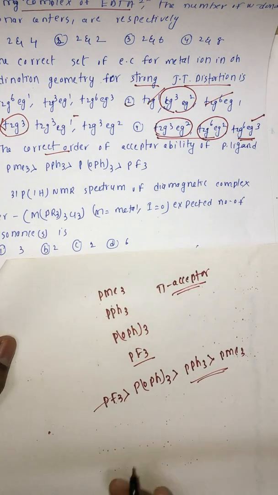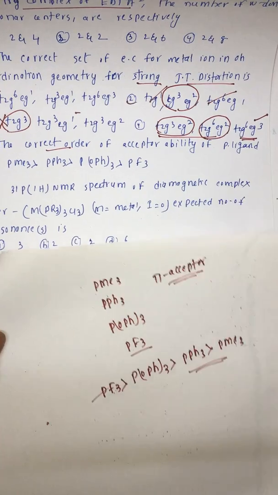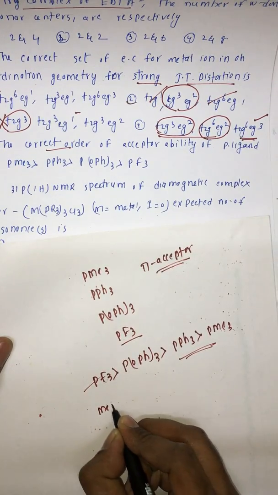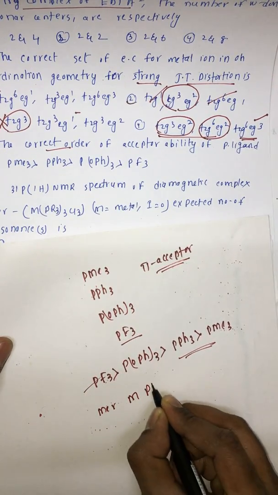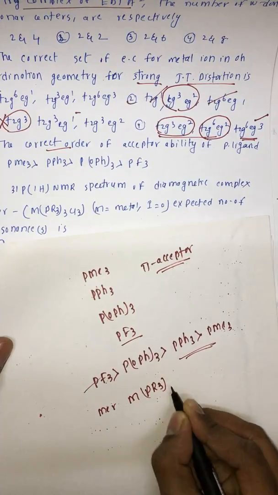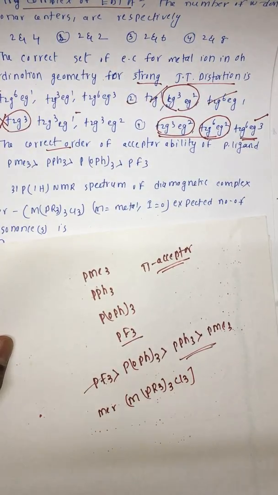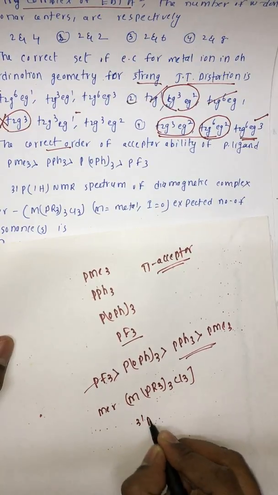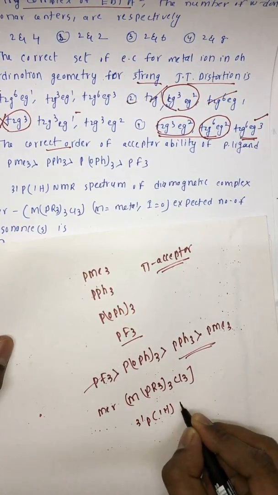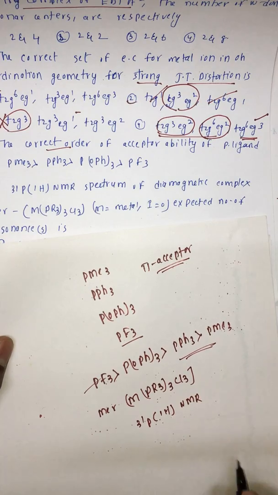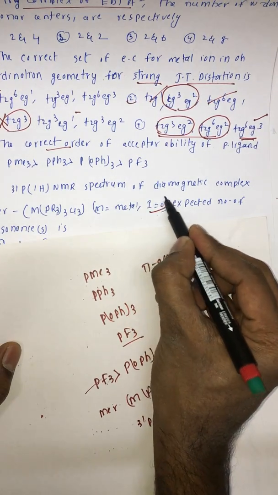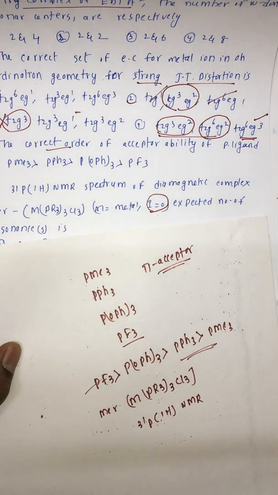Okay, so next we have a meridional M(PR3)3Cl3. This is the complex given, and we have a 31P{1H} NMR. And in the question he has mentioned that the spin I of the metal is 0.